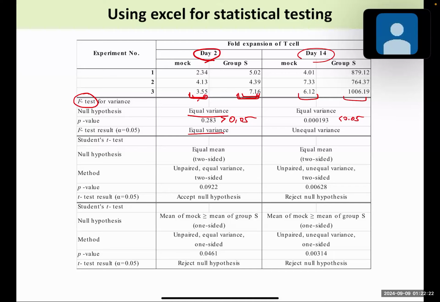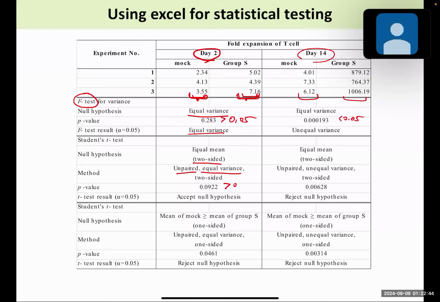In students' t-test, there are also several types. So you first perform students' t-test two-sided and equal variance, right? And then unpaired, because these two groups are independent measurements. And then the p-value is 0.09.